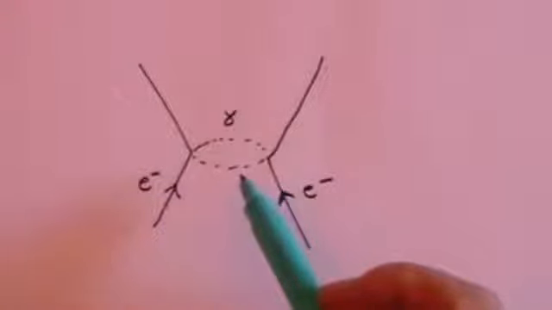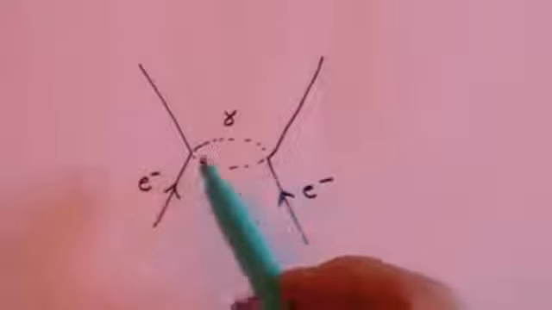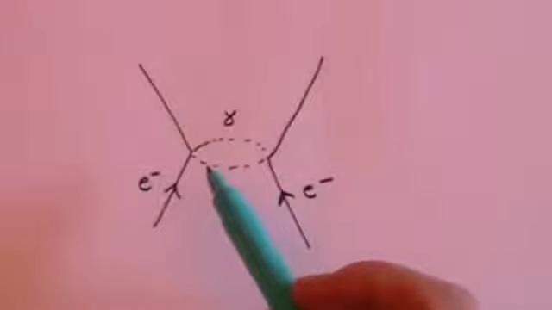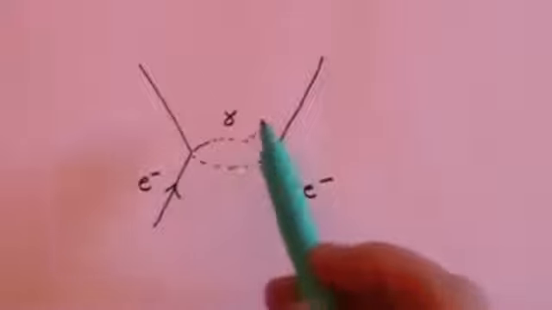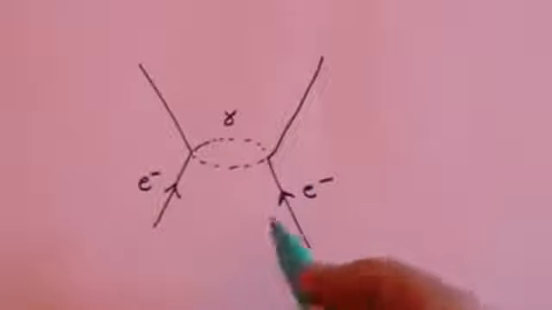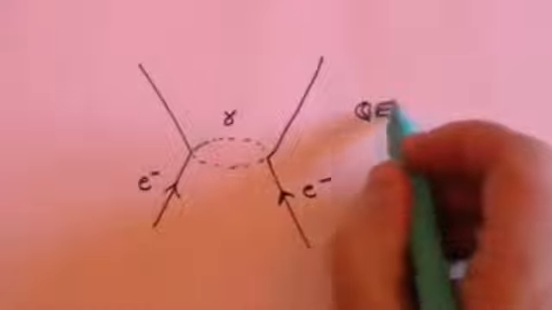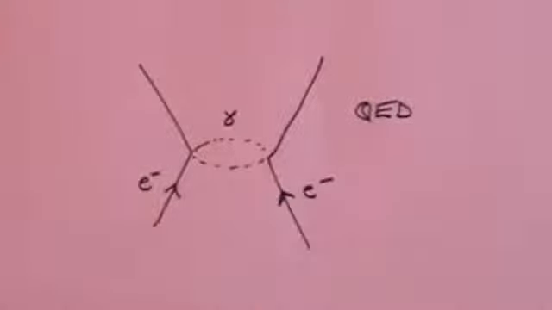They come into being and then go out of being, but they travel between these two charges and communicate the force. So the force communicator, or the exchange particle, or the gauge boson, whatever you want to call it, in this case is a virtual photon. Photons are, of course, massless.